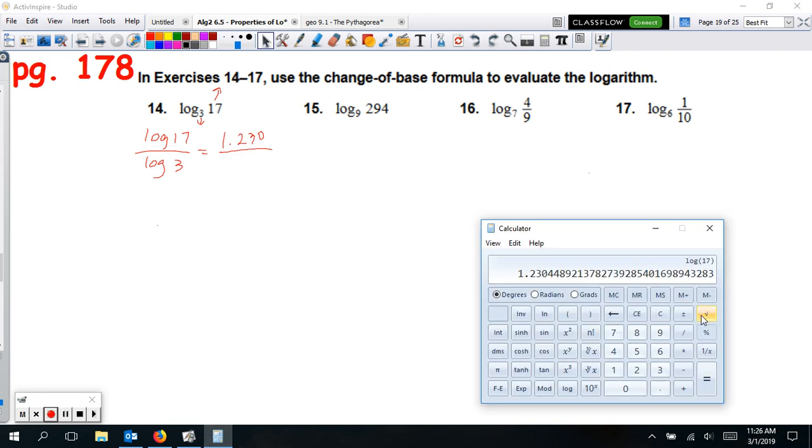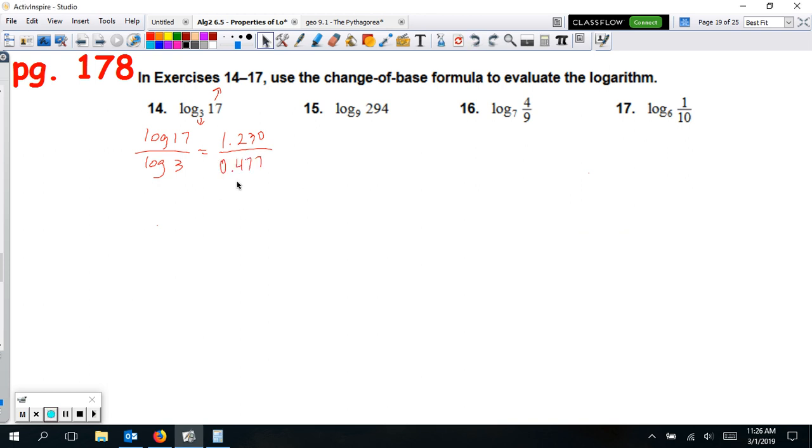Okay. What I could do now, I could actually hit divided by, so hit my slash here for divided by on this calculator, and then type in the log 3. So I hit 3 and then the log button, and that gives me the answer for what is log 3. It's 0.477, so that's going to go down below underneath that, so 0.477.